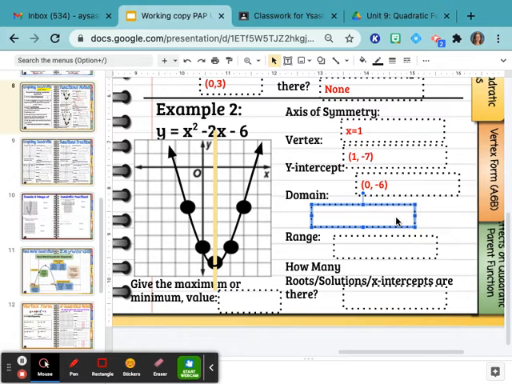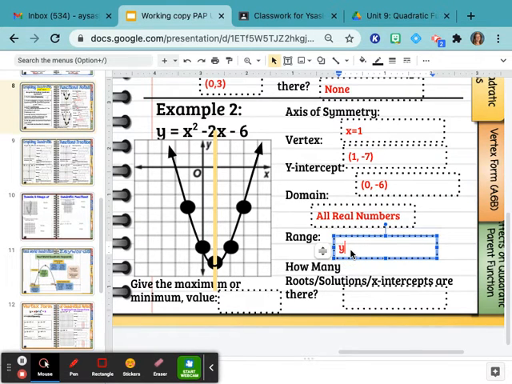All right, let's look at domain and range. So domain for quadratics, if there's no restrictions, it's all real numbers. And our range is how far down does it go? What's our least amount on this one? It's actually -7, isn't it? 1, 2, 3, 4, 5, 6, 7.